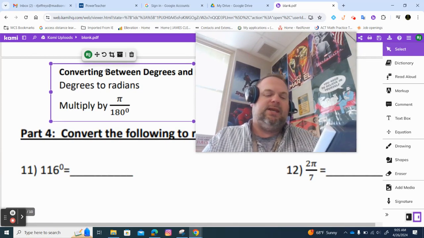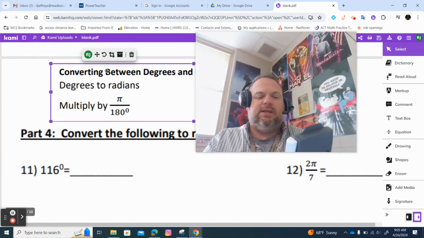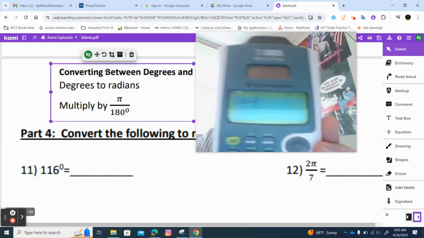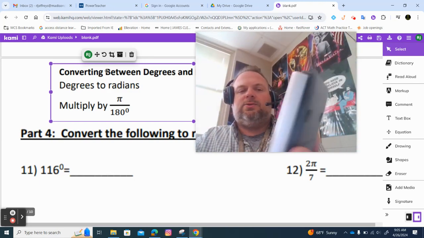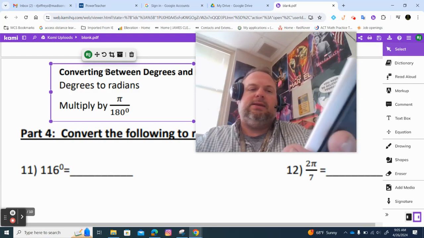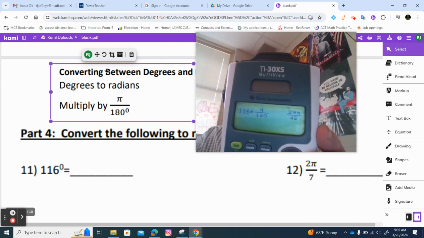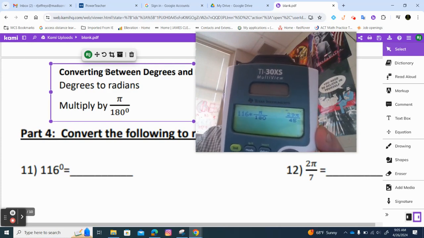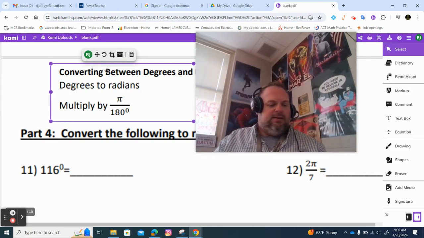So I'm just going to say 116 times, I'm going to hit the n over d, pi, scroll down, 180. All right. Wow. Okay. So it actually gave me the thing right there.